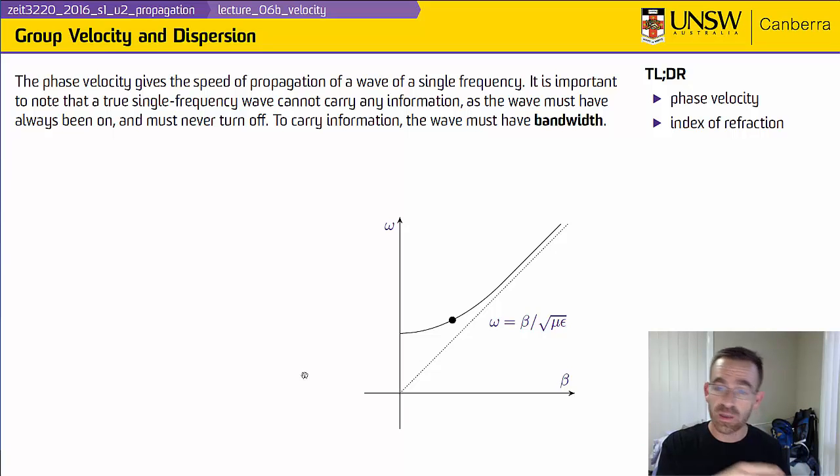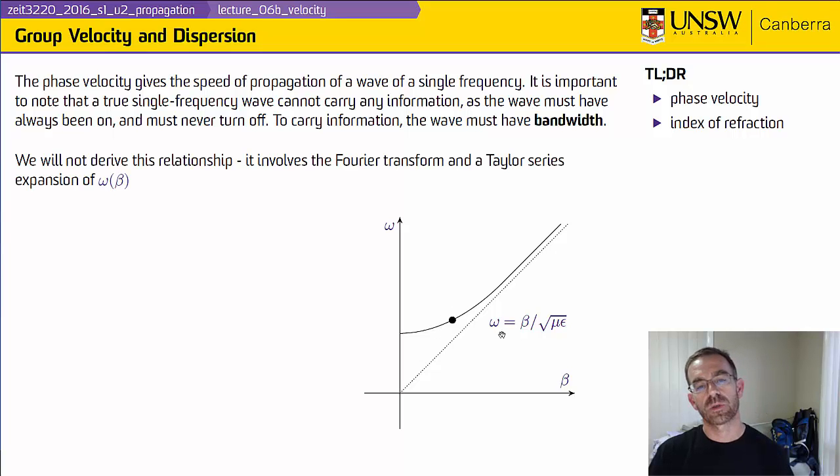It can never start, it can never stop. As soon as it starts or stops, it can carry information, but that starting or stopping gives it some amount of bandwidth. And so when we want to describe how information is transferred by a sinusoidal signal, we need to be talking about how a packet of wavelengths that could be very small but non-zero bandwidth propagates.